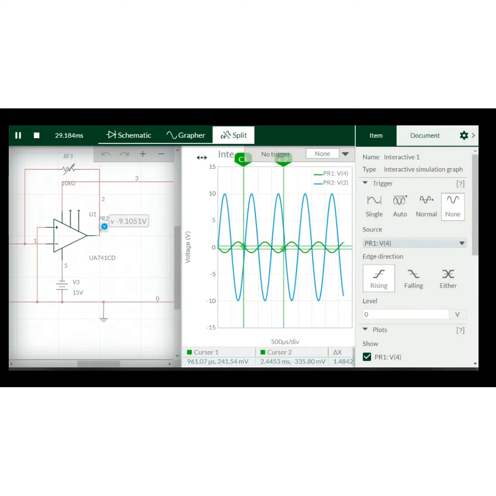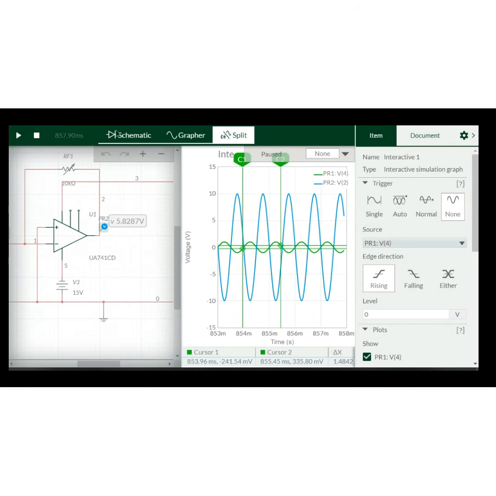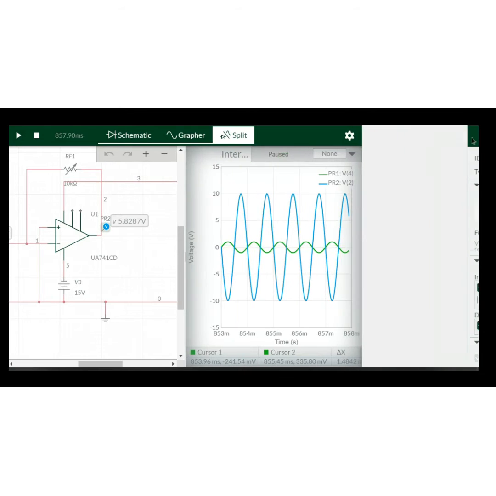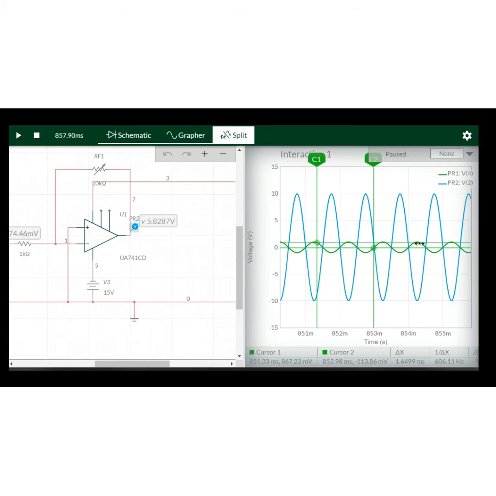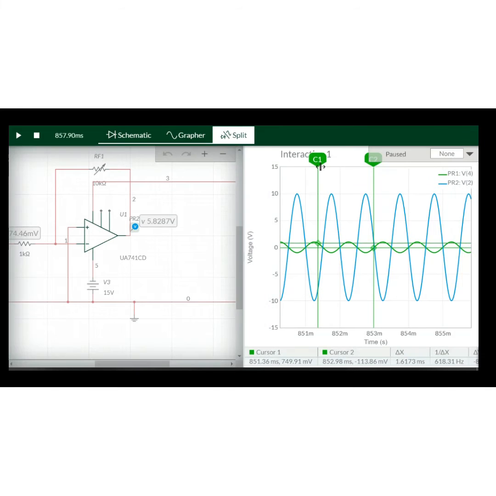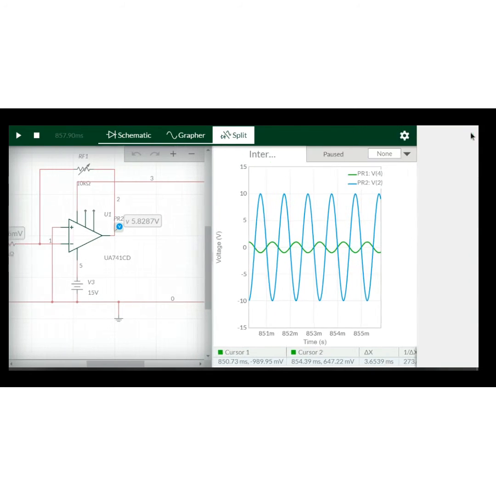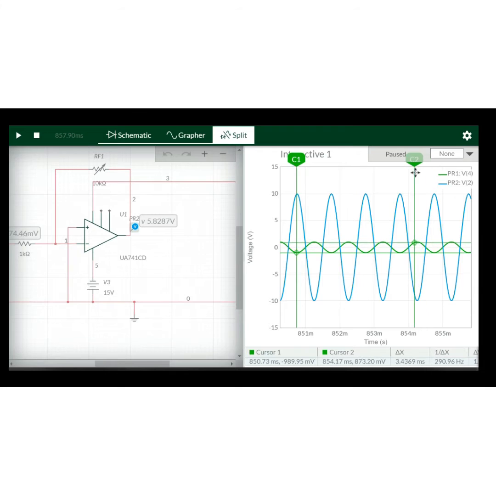And now we can see at the graph, both cursors are on channel 1. So you need to adjust channel 1 and see cursor 1 and cursor 2. C1 is green and C2 is a blue line.